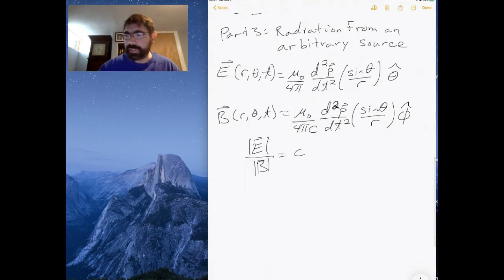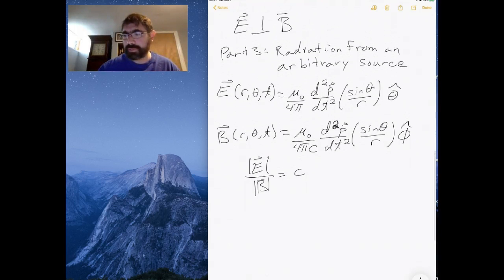Okay, so now let's calculate the Poynting vector, S, which is 1 over mu0, the electric field crossed into the magnetic field.